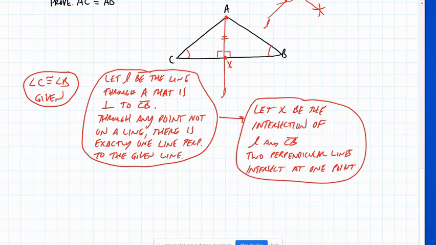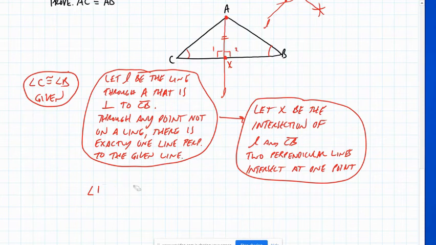So we'll say angle 1 is congruent to angle 2.